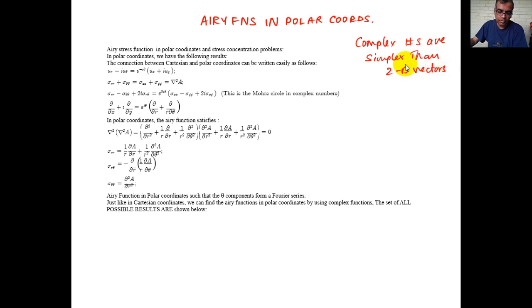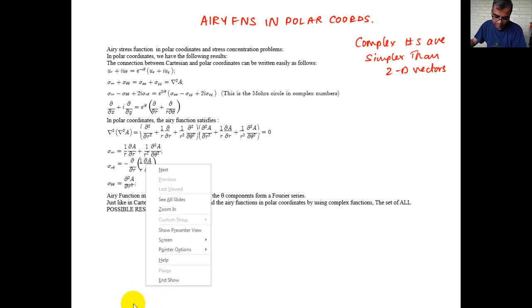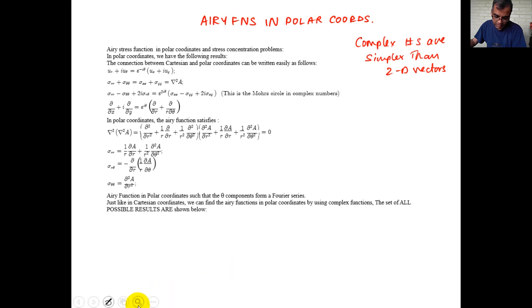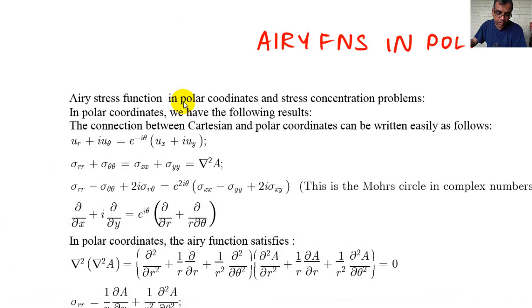For example, if you wanted to do conversion from Cartesian coordinates to polar coordinates, all you have to do is multiply by e to the minus i theta. That is actually rotation by angle theta, right? So ux plus i uy times e to the minus i theta will give you ur plus i u theta. Right? Come on, that's easy, no?